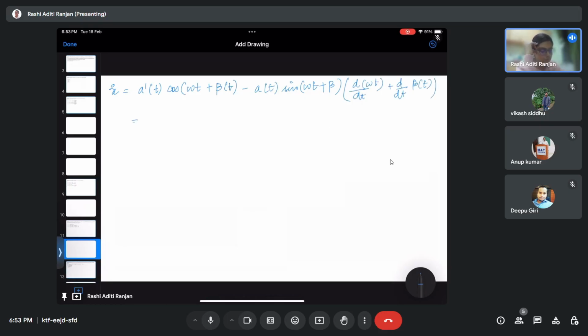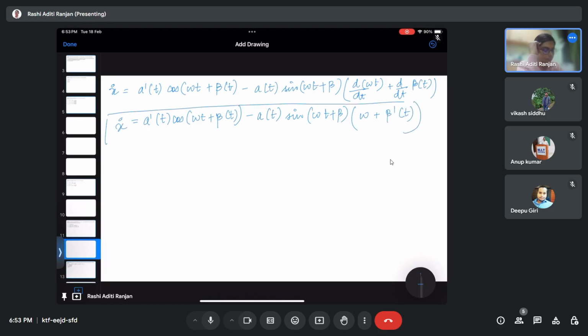So this is essentially going to give me omega plus beta dash of t. So this should be the differential of x with respect to time.